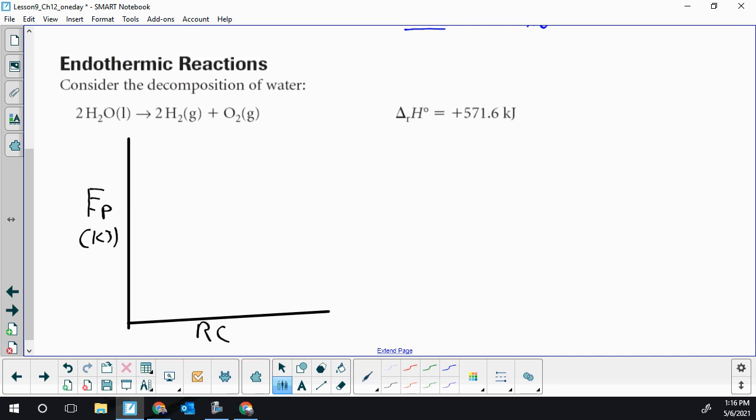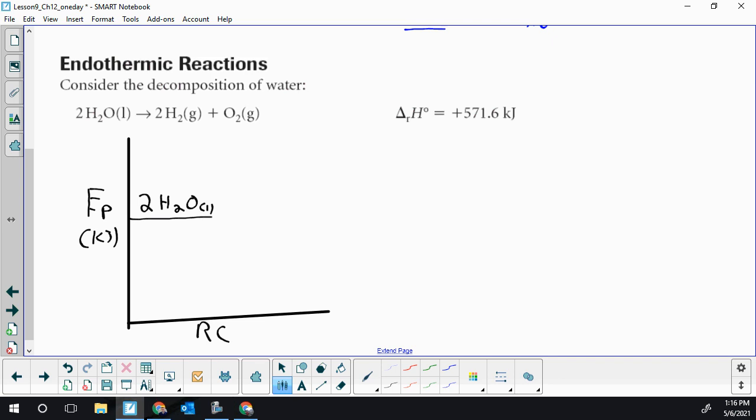We are starting with 2 water molecules in this decomposition. I'm not sure exactly what enthalpy, so I'm starting in the middle of my chemical potential energy diagram. So 2 water, and that's it.